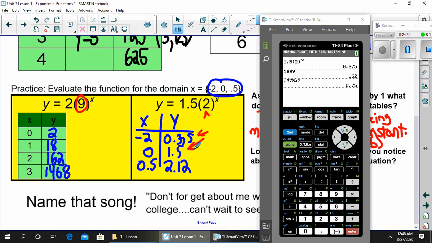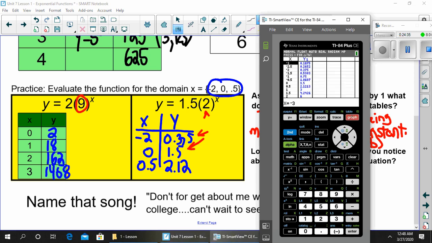But if this was, say, a 1 here, this would be 3, and you notice that 1.5 times 2 is 3. So it doesn't work when you go by 0.5s. When it works, it's half of 3, which is 1.5. That's basically what it is. I'm sorry to confuse you with that. Don't go crazy with it.